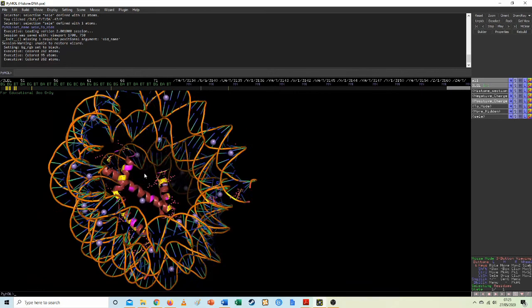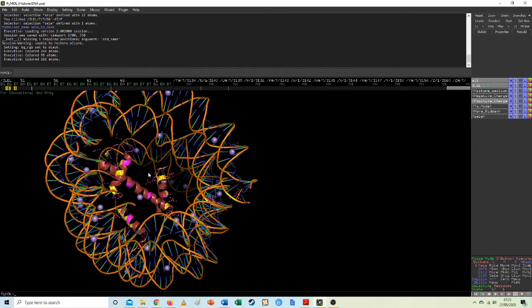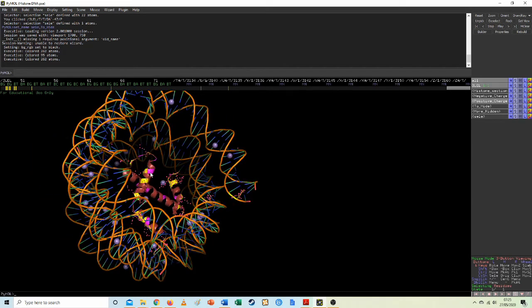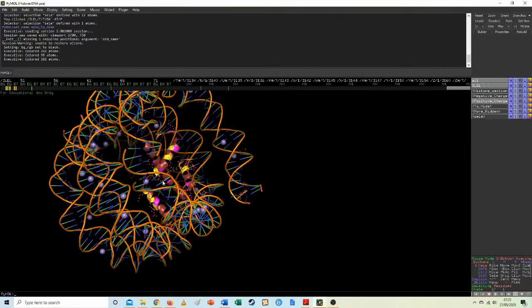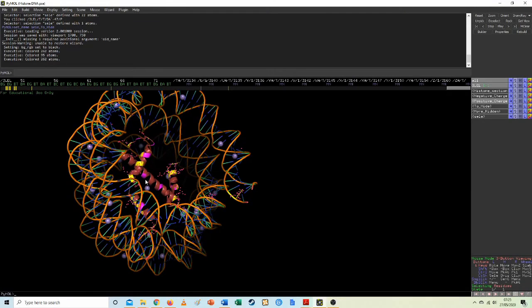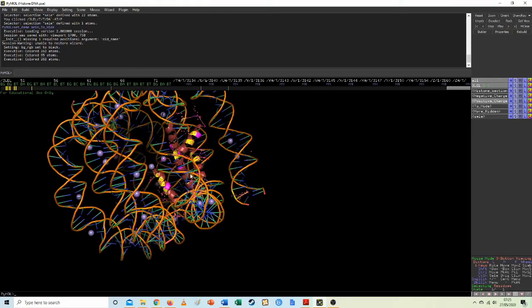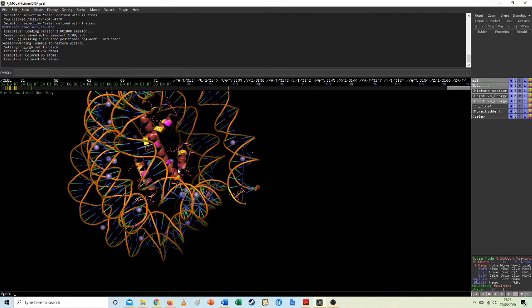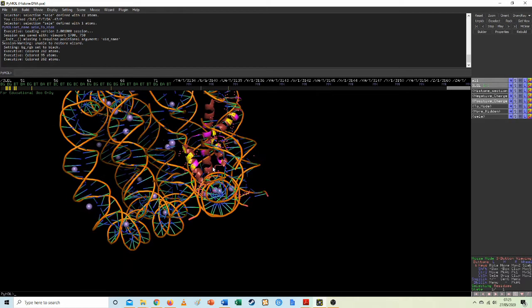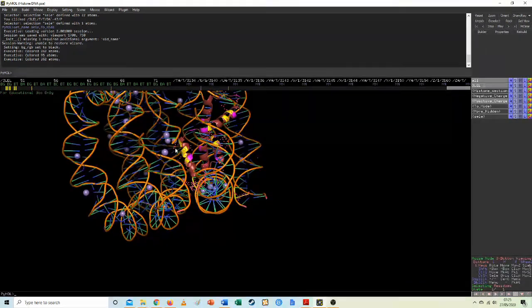Now, where you've got a negative charge on the histone protein, that's actually not going to be orientated towards the DNA. It's going to be orientated away from the DNA. And you will find that there are some negative charges on the histone protein, but overall it's much more positive. So the areas of yellow are certainly more numerous than the areas in pink, and that is a really good example there.